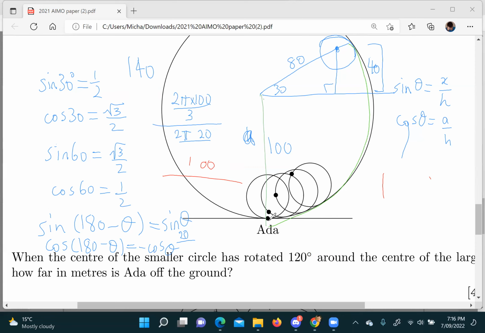So it'd be 5 if it went all the way around, right? That's what I got. So now it's 5 over 3, yeah?